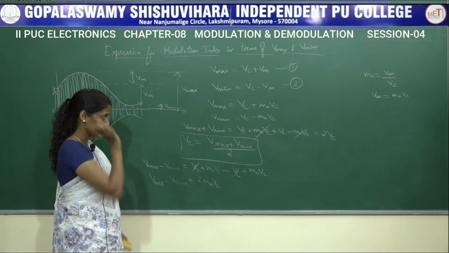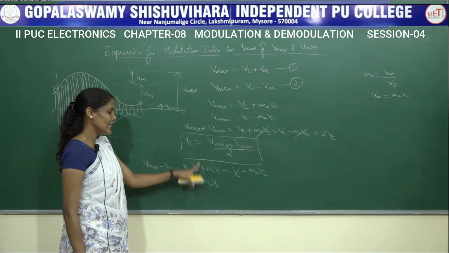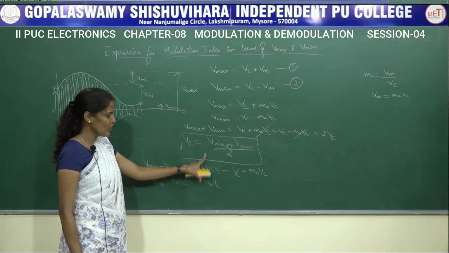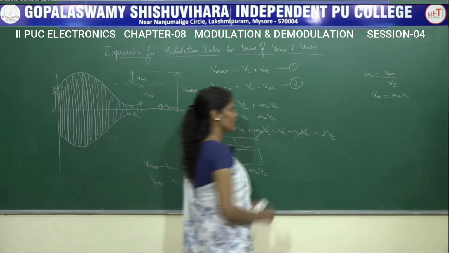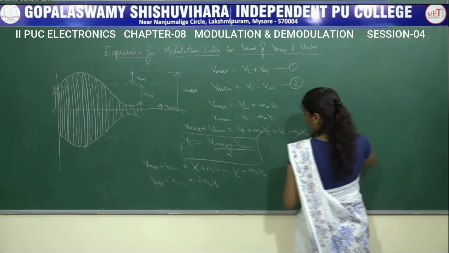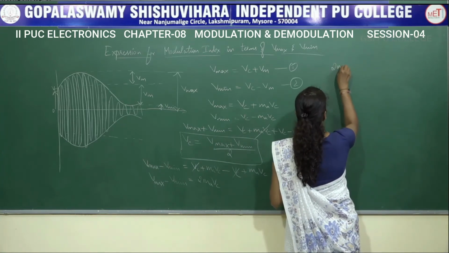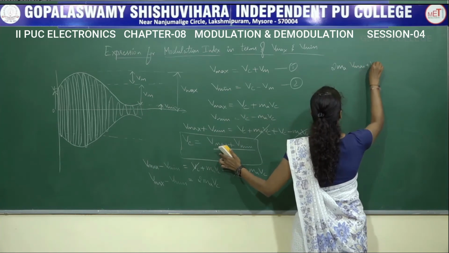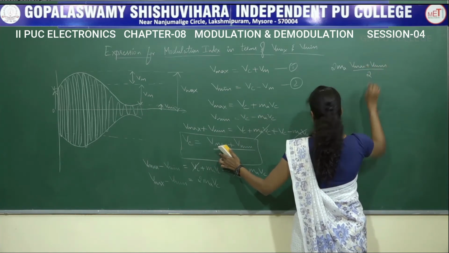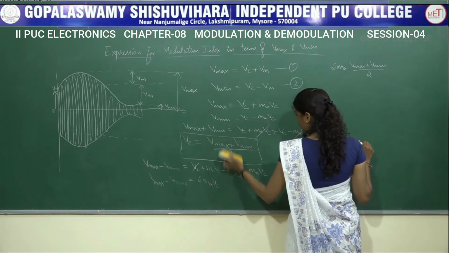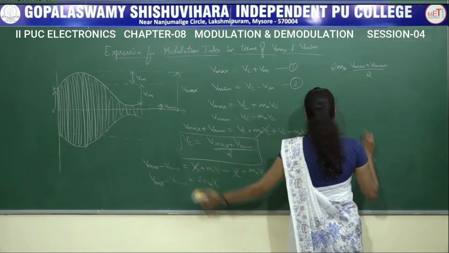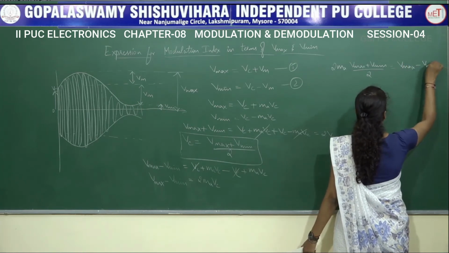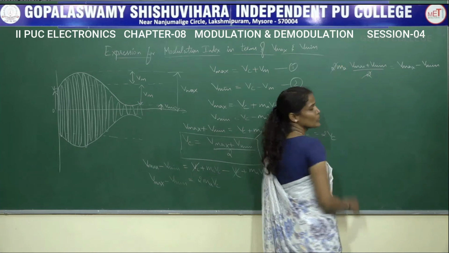Right? Now what we are going to do is, for VC, I have already got an expression of Vmax plus V minimum by 2. I am going to substitute in this particular expression. So 2 times of MA into Vmax plus V minimum divided by 2. Here VC, I am just substituting this particular expression, equals Vmax minus V minimum. Here 2 and 2 gets cancelled.